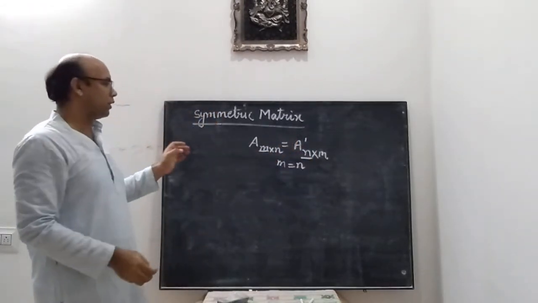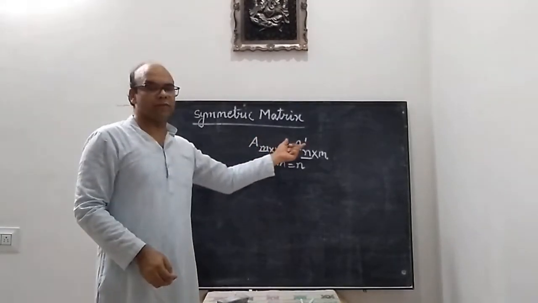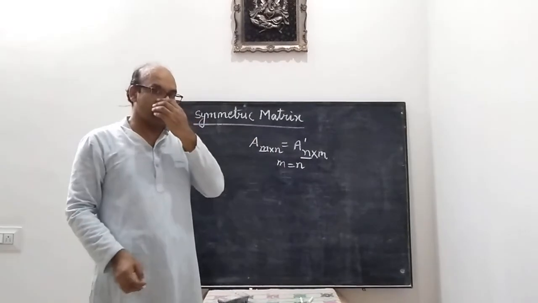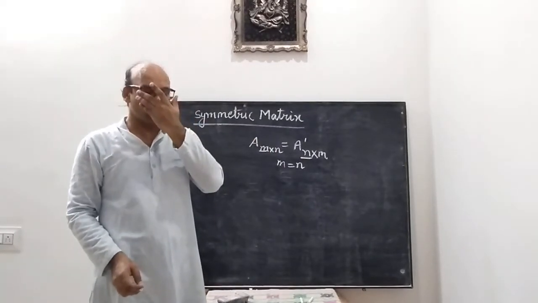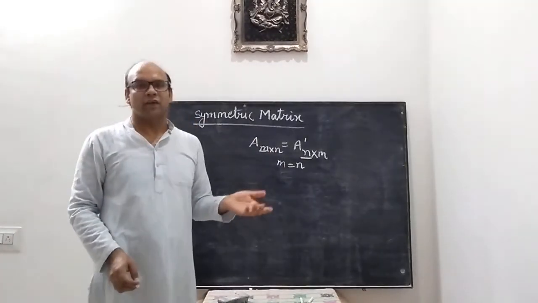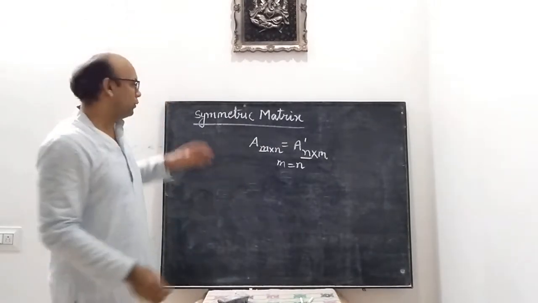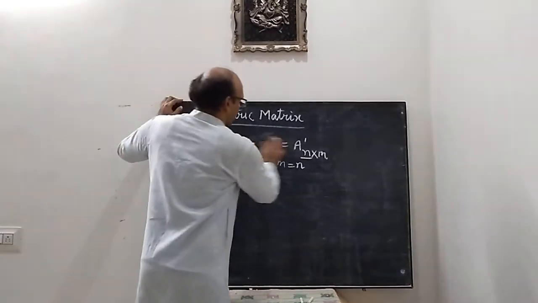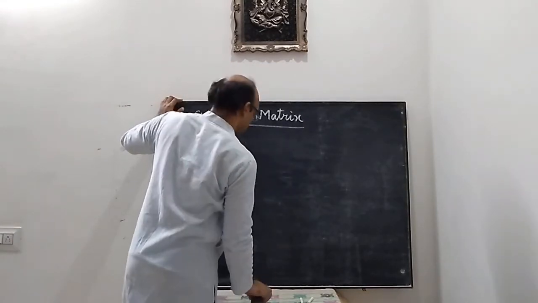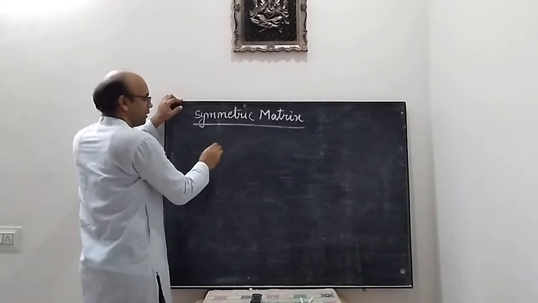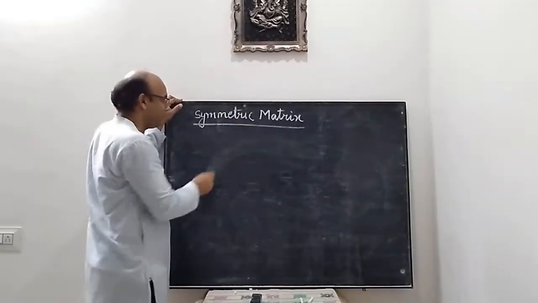So the transpose of a matrix will be equal to itself if and only if it is a square matrix. If it is not a square matrix, we cannot talk about a symmetric matrix. So it is a necessary condition for a matrix to be symmetric that it be a square matrix.